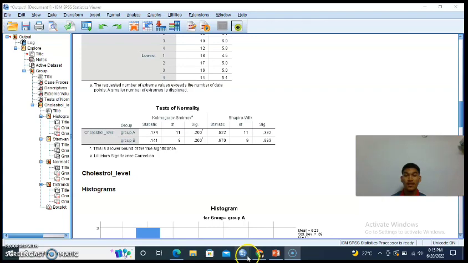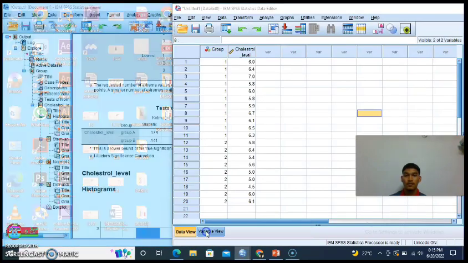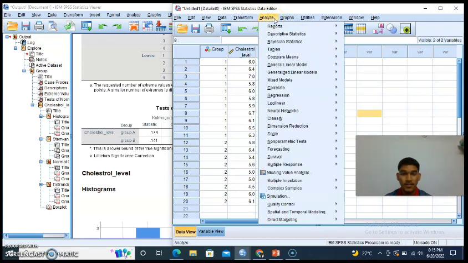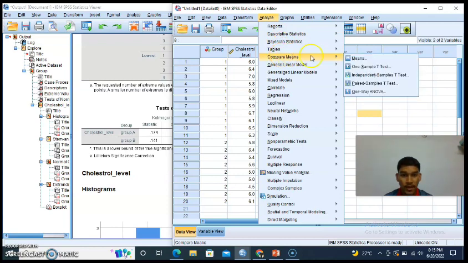Okay, next we can do the independent sample t-test. We go to analyze, choose compare means, and click independent samples t-test.